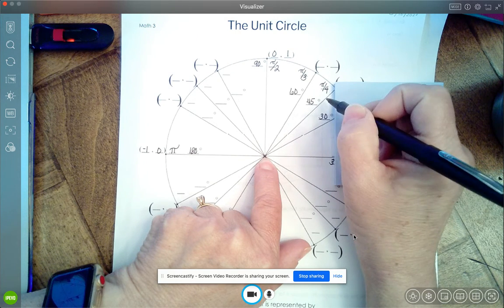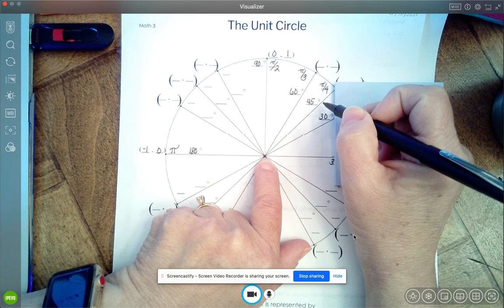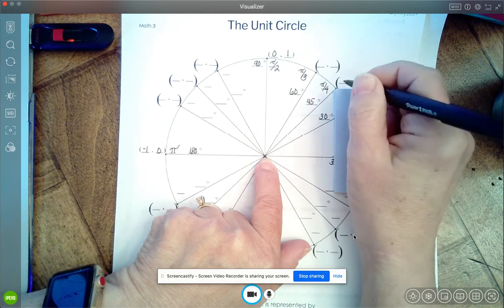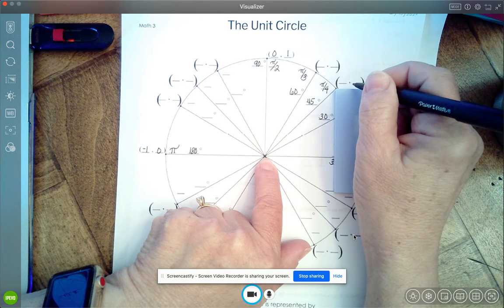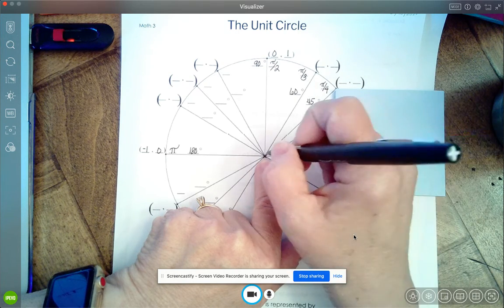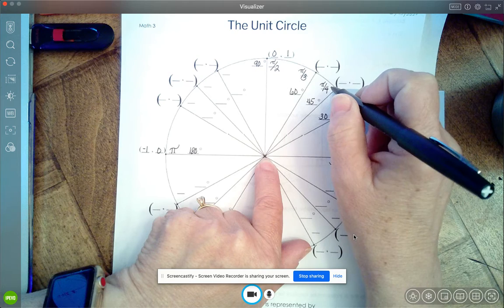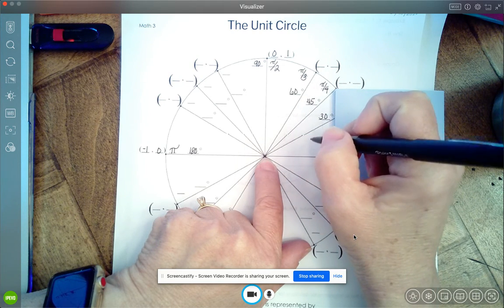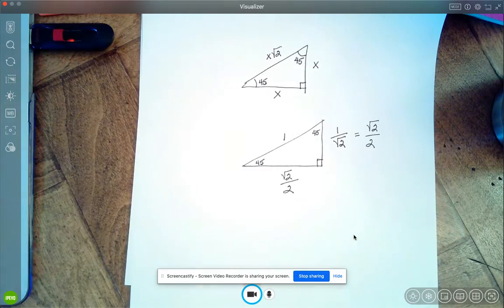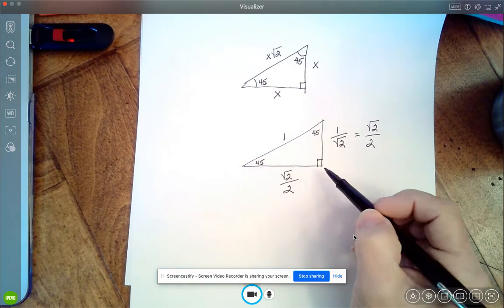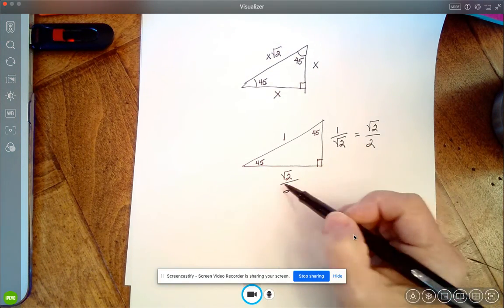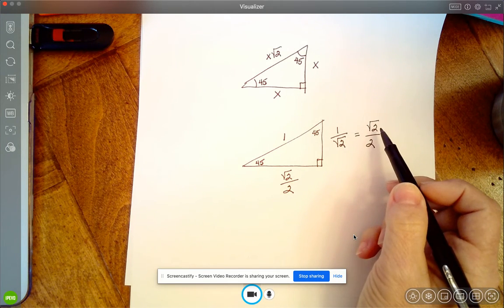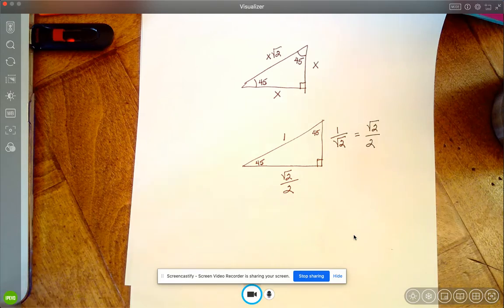If the radius is always 1, I can figure out what this coordinate system is by getting my x values and my y values. As we saw on the other paper, I have come over on the x-axis square root of 2 over 2, and I went up on the y-axis square root of 2 over 2.